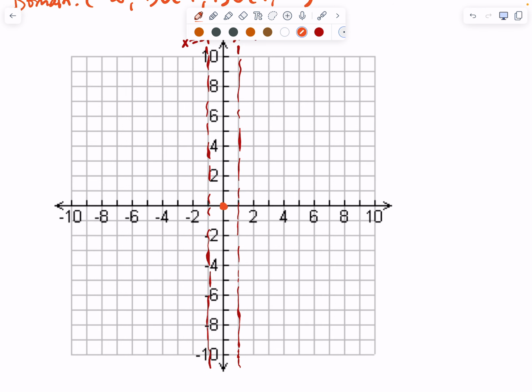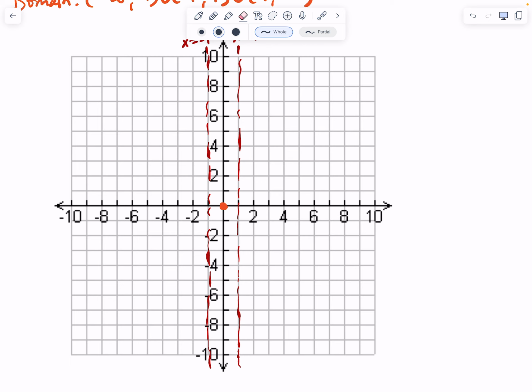Now the graph can't cross these vertical asymptotes. For a rational function, we know that vertical asymptotes correspond to non-removable discontinuities. The graph is not going to cross. We do know that the graph is either going to be approaching positive infinity or negative infinity as x approaches -1 or 1. So we could think about doing test values.